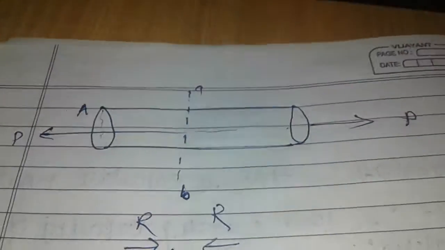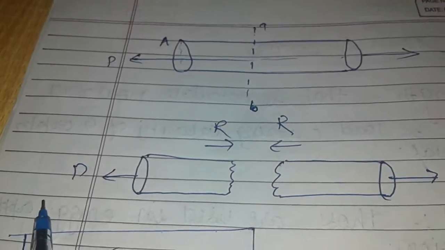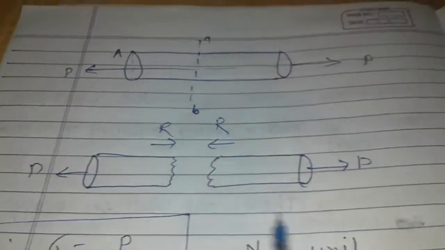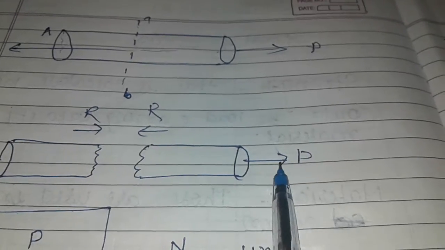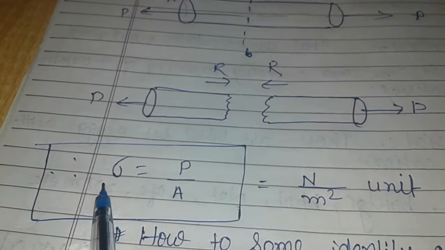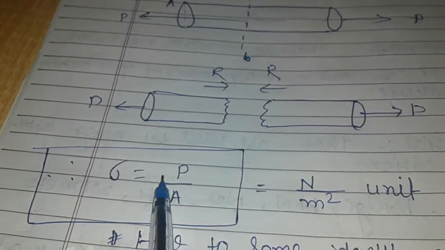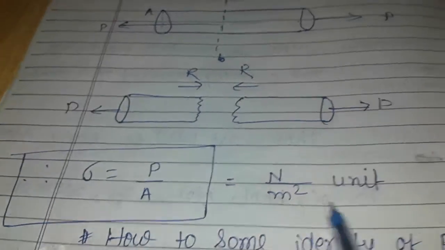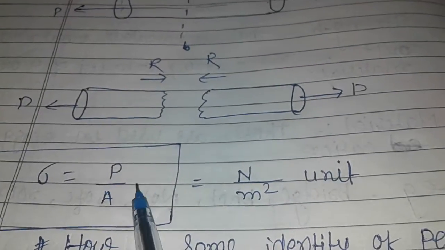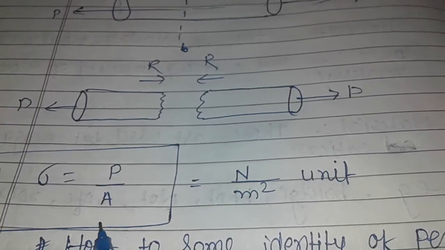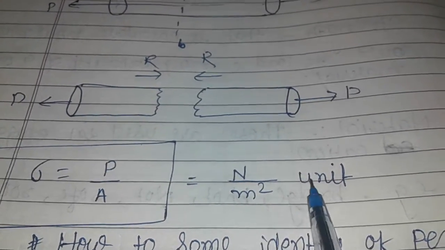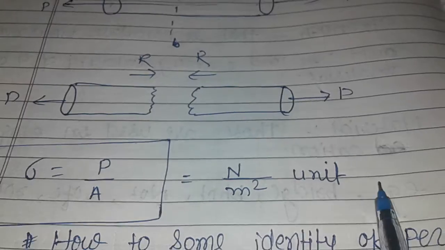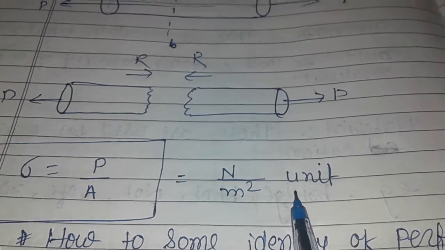The resisting load R develops in the same area A. Stress is denoted by sigma and is equal to the load divided by the area. The unit of load, that is force, is Newton, and the unit of area is meter square, so the unit of stress is Newton per meter square. 1 Newton per meter square equals 1 Pascal.